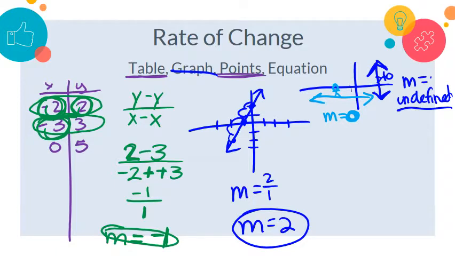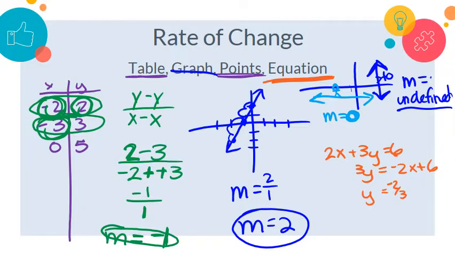Then from an equation, all right, I'm going to use a very similar standard form of an equation. I have no idea what my slope is, but if I solve for y, that'll probably help. So I'm going to subtract 2x from both sides. I'm going to divide everything by 3, which means the coefficient of x is your slope.